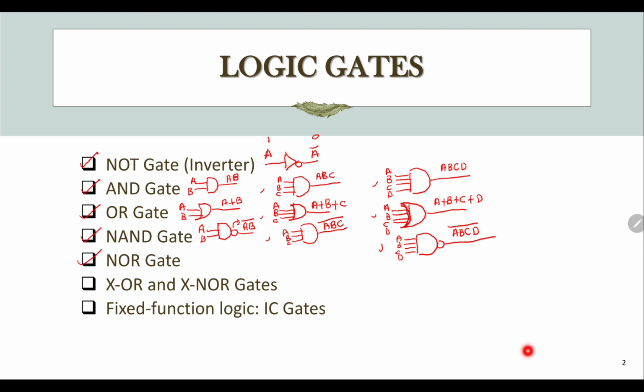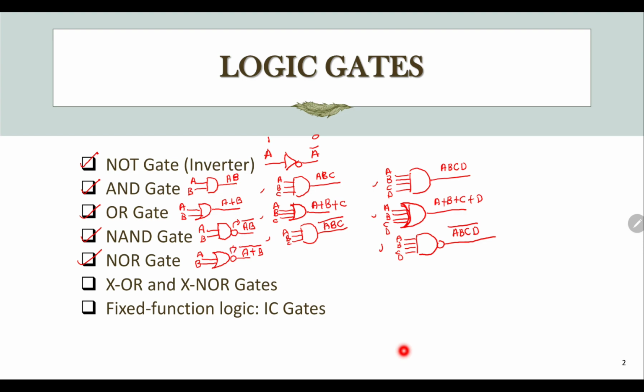Okay, the NOR gate. The NOR gate just looks like an OR gate and has a bubble after that. Let's see the example for a 2-input NOR gate. A, B performs the operation of A plus B and inverts it.